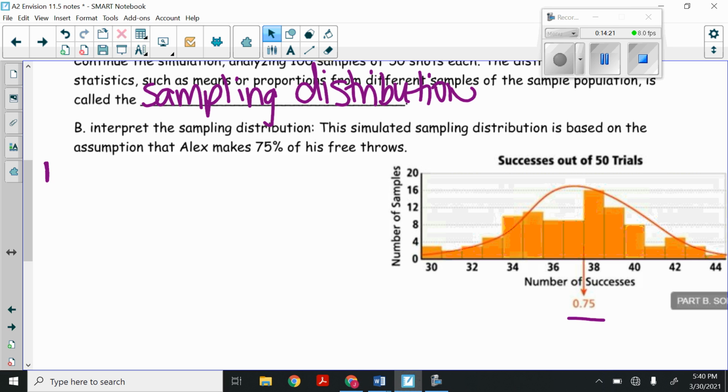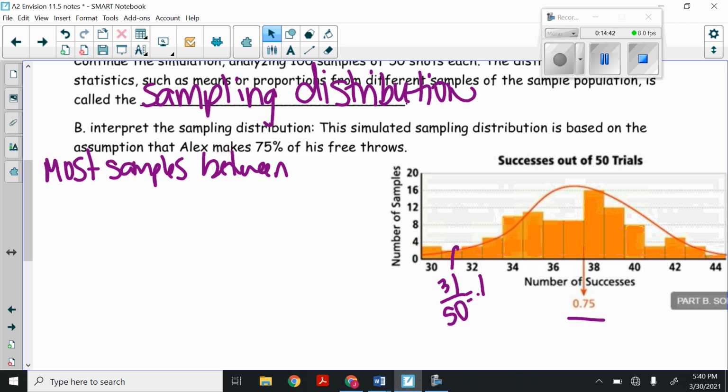Let's look at where most of the samples are. So most of the samples are between, if we come to here, 31 out of 50, which gets me 0.62.